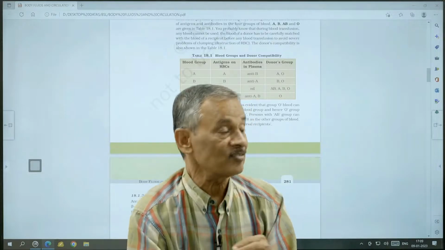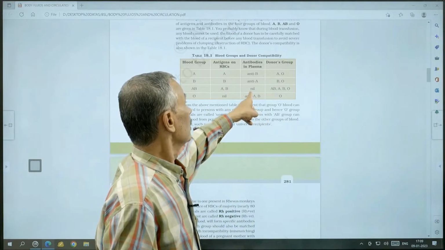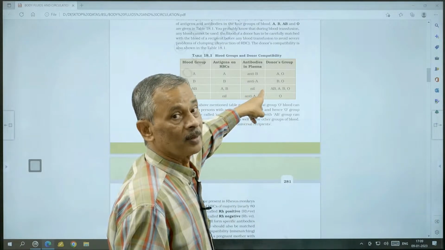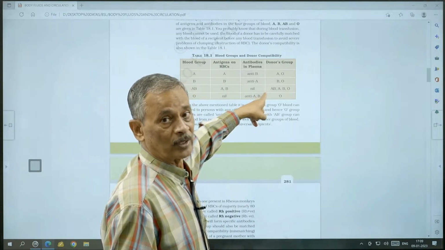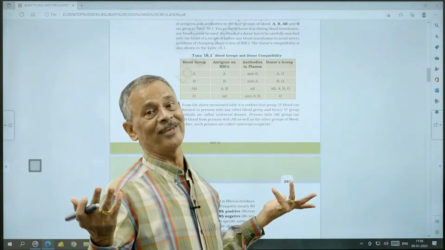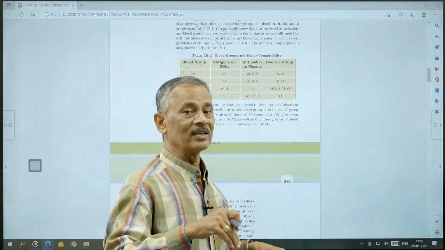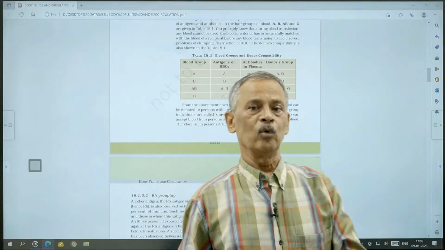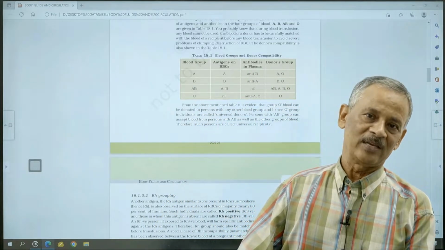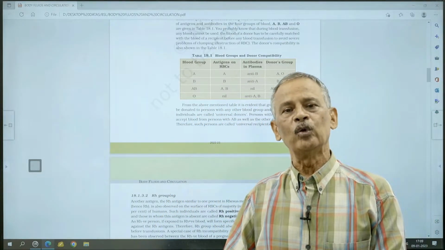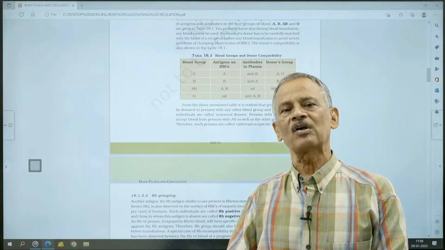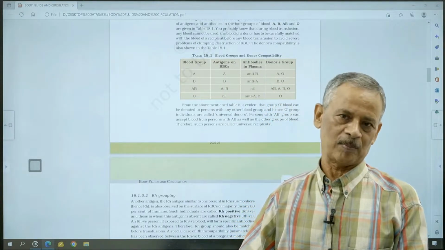Why can he receive? Because on receiving, it is the antibody present in plasma that is important. AB group is having no antibody. So he can receive blood from anybody. This is the reason why AB is called universal recipient. So O is called universal donor, AB is called universal recipient.